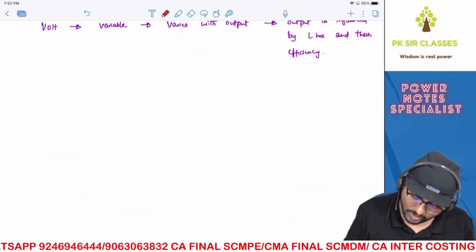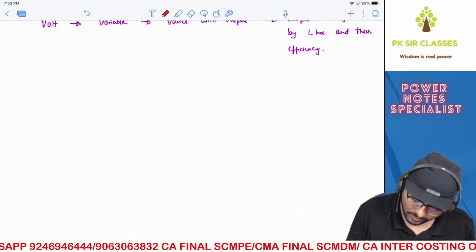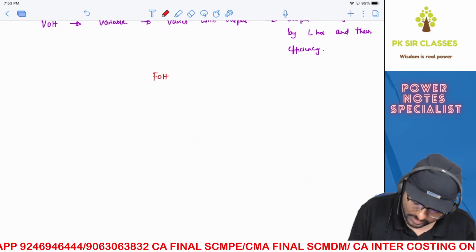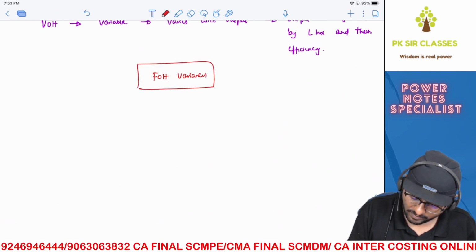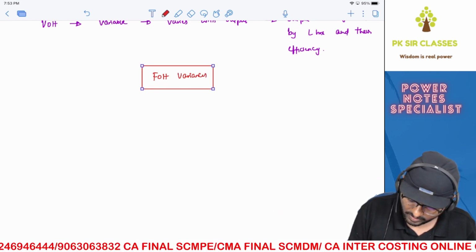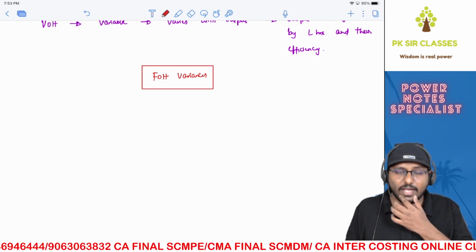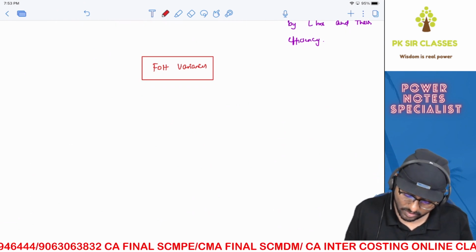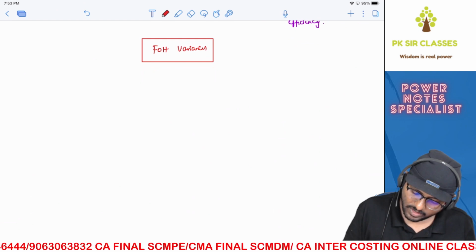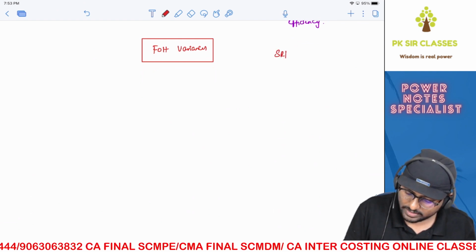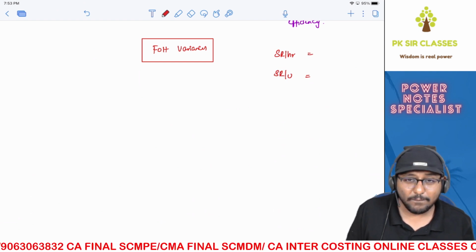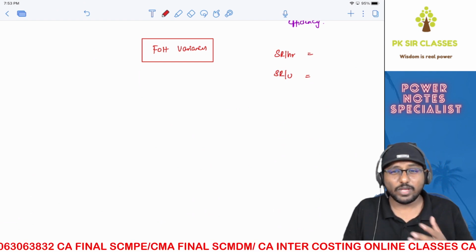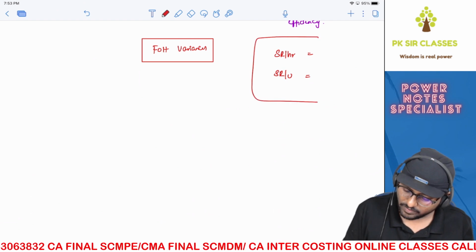Let's move on to the next one. Now we have fixed overhead variances. Very simple. As usual, first you need to calculate SR per hour, SR per unit. I said these two steps are compulsory for overhead variances, both variable overheads as well as fixed overheads.